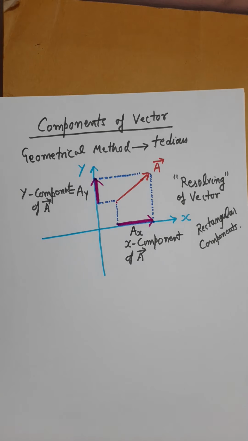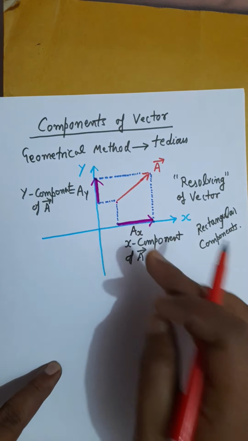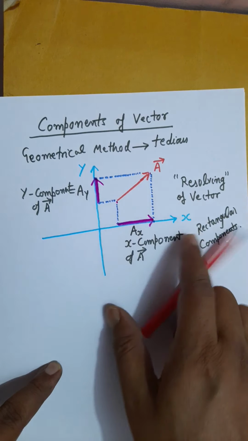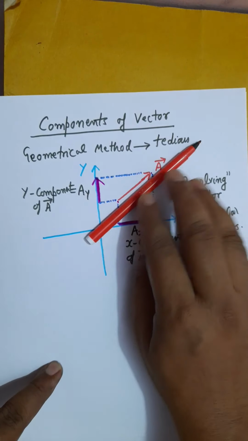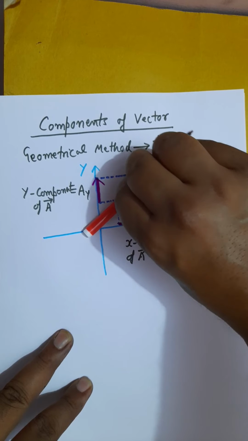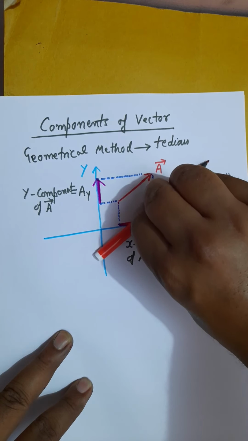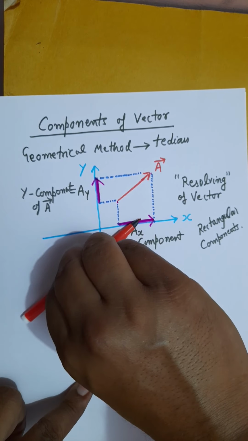Now, suppose someone relocates this vector. Suppose I shift this vector to some other quadrant, but I keep the direction of the vector as it is. If this is my vector, then I will slide it on the paper without any rotation.